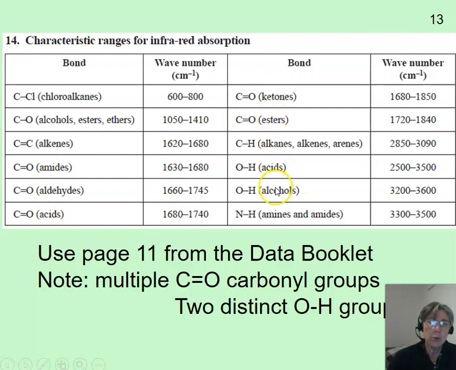And we've got 2 hydroxyl peaks, which are at different numbers depending on whether it's a hydroxyl as part of a carboxyl or whether it's an alcohol all by itself. So we need to be aware that these will be at slightly different wave numbers.